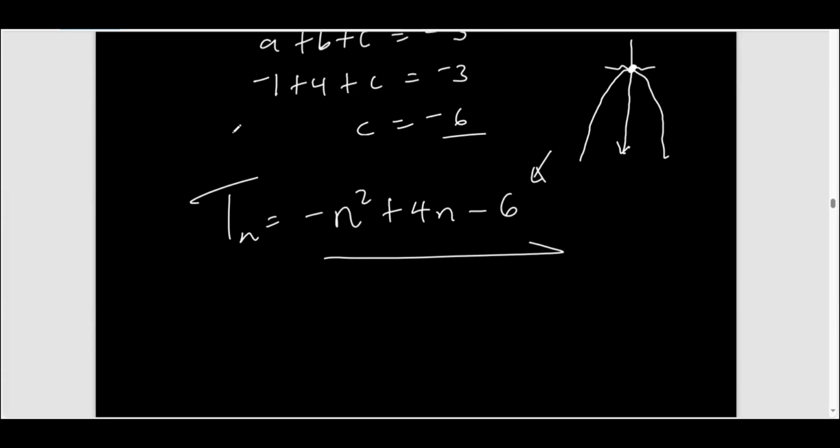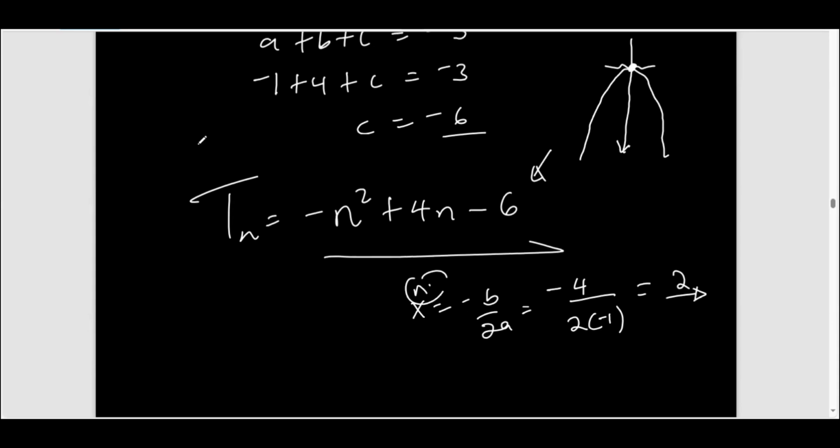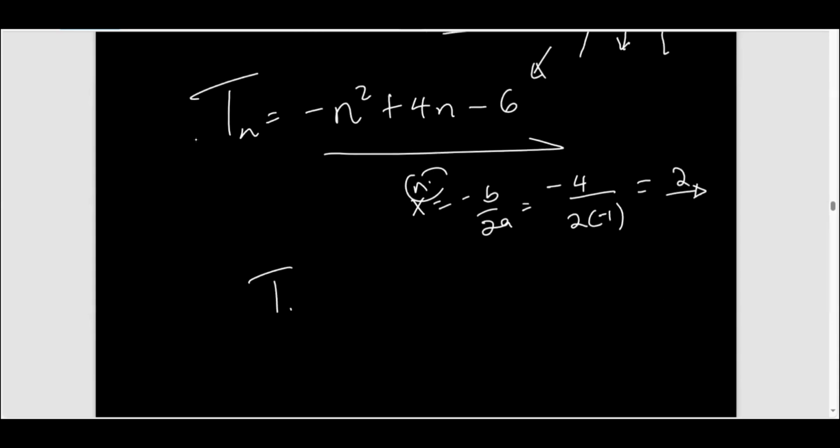So if I get the turning point, which is negative b over 2a, our b is 4, so negative 4 over 2 times negative 1. So we know that the turning point is at 2, where n is 2. So if n is 2, let's substitute and determine the highest point. That's negative 2 squared plus 4 into 2 minus 6.